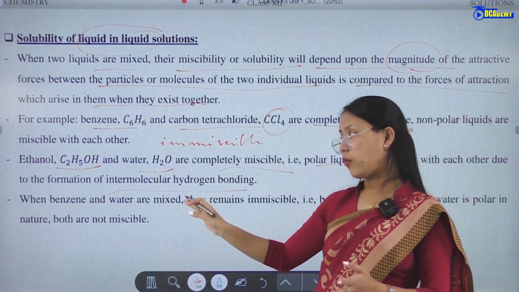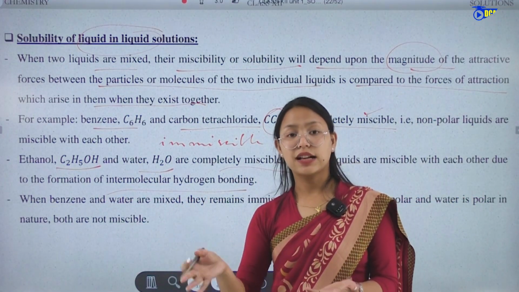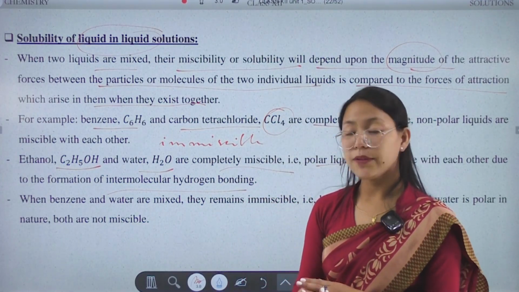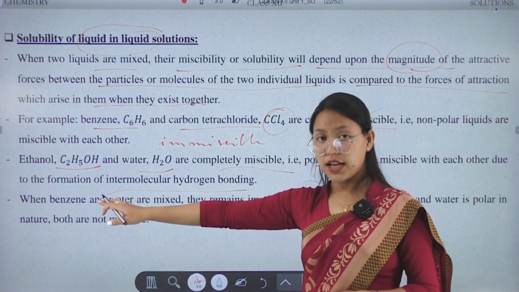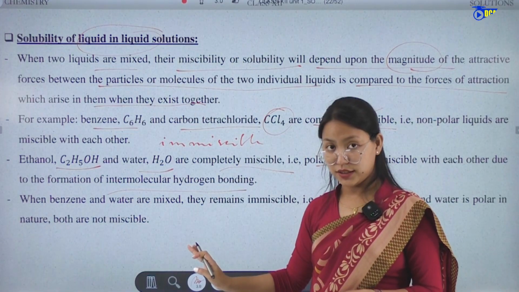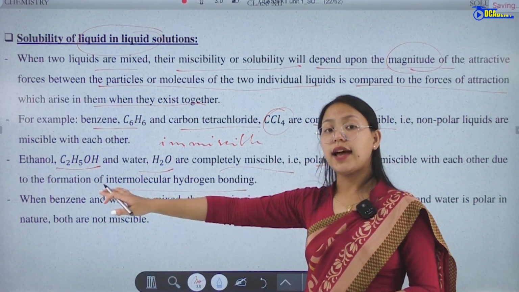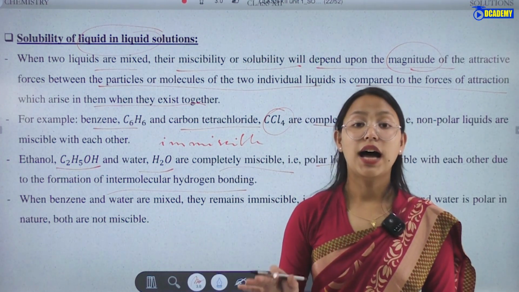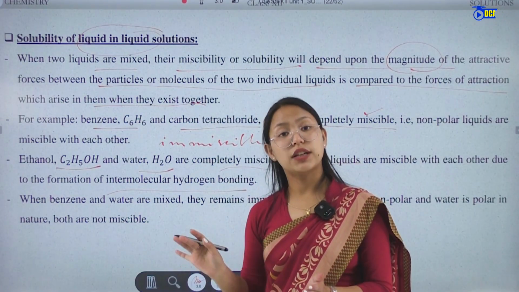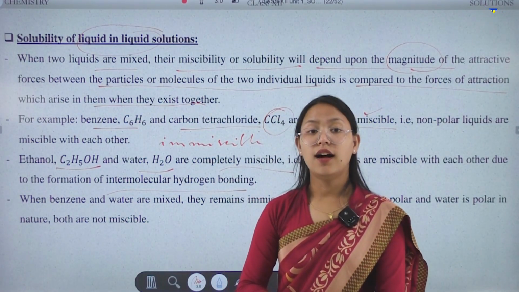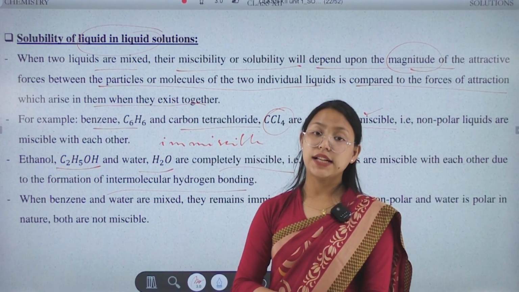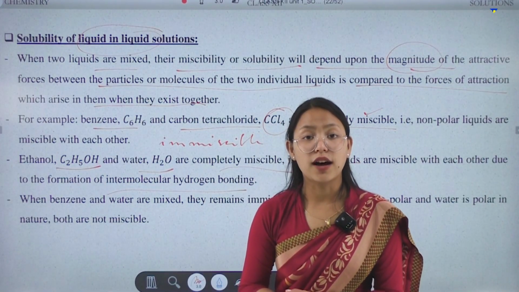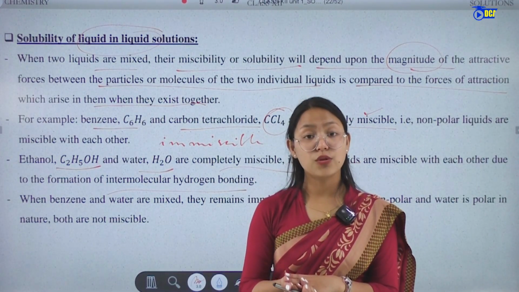The answer will be due to the formation of intermolecular hydrogen bonding between water molecules and ethanol molecules. Otherwise, if there is no formation of intermolecular hydrogen bonding, there will be no solubility.